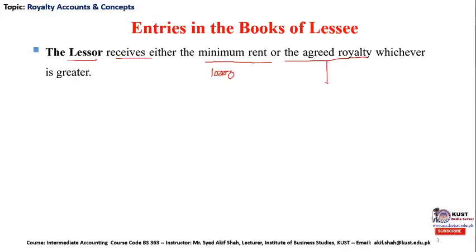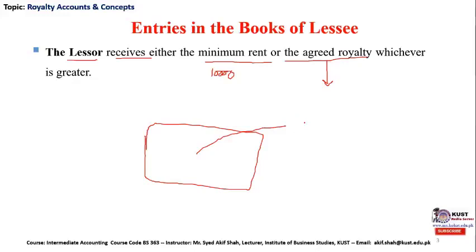However, the agreed royalty fee means that the lessee is going to use that piece of land for extracting the mineral like coal or oil. So therefore, the royalty fee has been decided between two parties at the rate of output units.